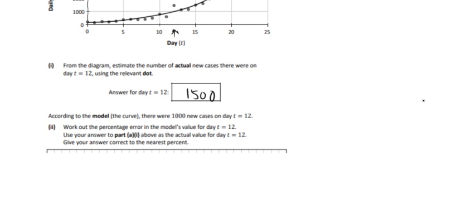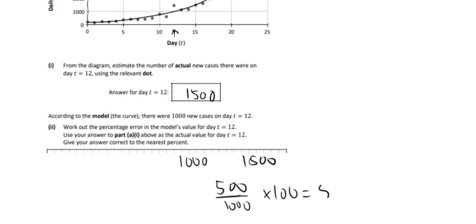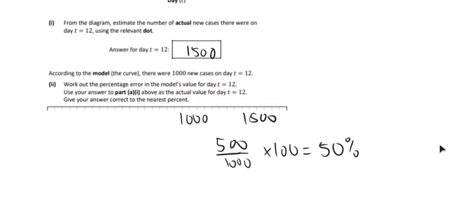I had 1,500 there, but it should really be 1,000. So from 1,000 to 1,500, there's a difference of 500. So we put 500 over the original and multiply by 100, so you can see it's going to be 50%. So it goes up by a half anyway, you can see that.